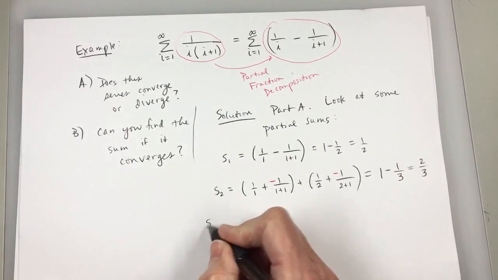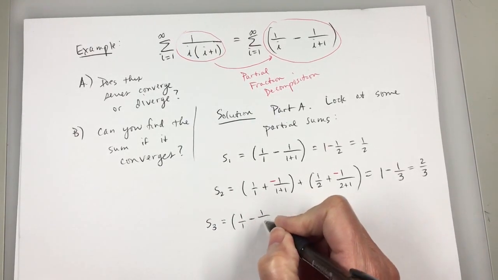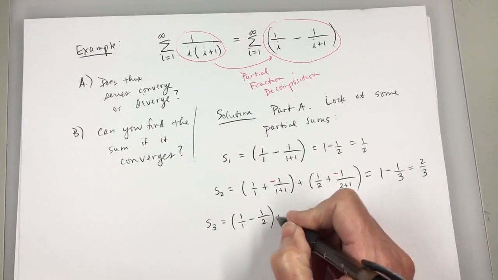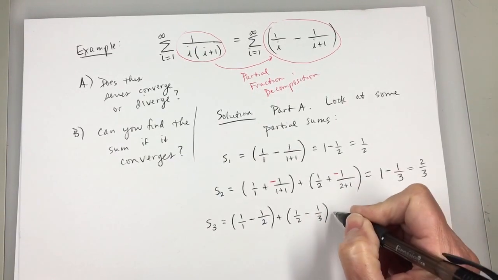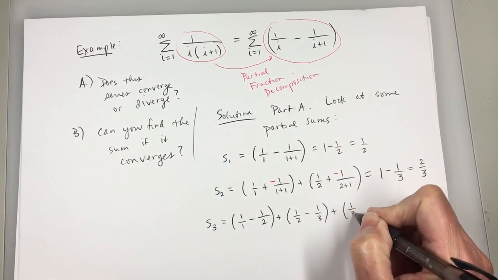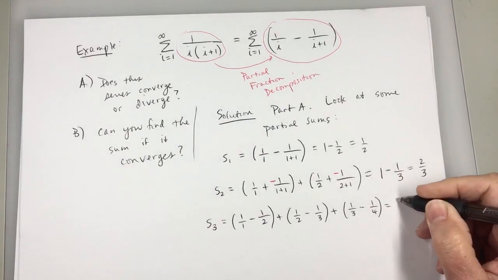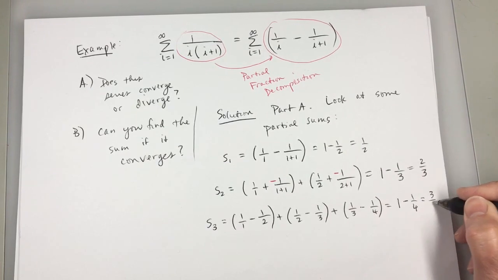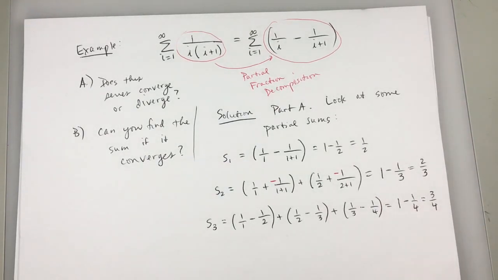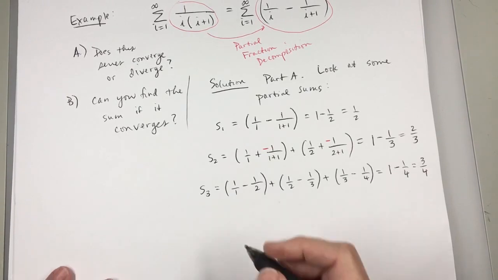And then S sub 3 would be 1 minus 1/2, plus the second term, 1/2 minus 1/3, plus the third term, 1/3 minus 1/4. That's going to be 1 minus 1/4, and that would be 3/4. Show a few of these until you've established the pattern, till you kind of see what's going on.